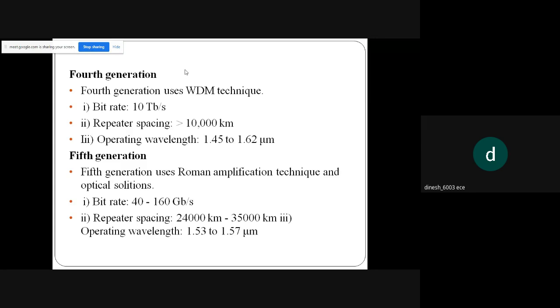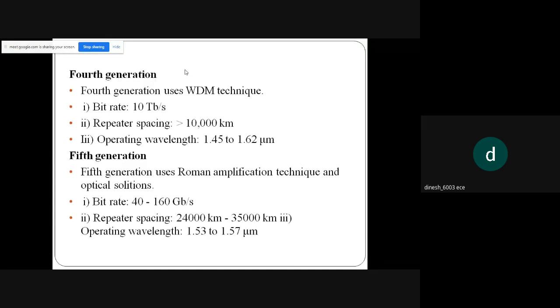Next was the fourth generation. In the fourth generation, the WDM technique, wavelength division multiplexing, was introduced, where the bit rate shot up to 10 terabits per second. Keep in mind, terabit. Repeaters were needed only every 10,000 kilometers, with an operating wavelength of 1.45 to 1.62 micrometers.